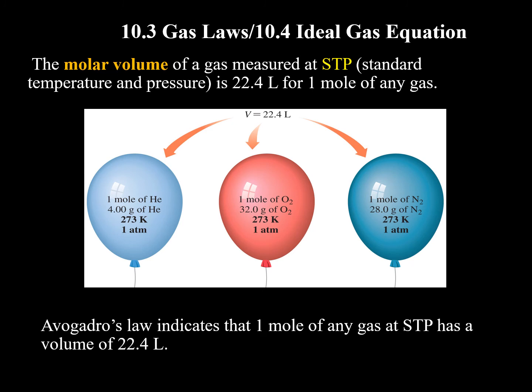So the molar volume of a gas at STP is always going to be 22.4 liters when you have 1 mole of it. It doesn't matter what kind of gas, whether it's helium, argon, nitrogen, or oxygen. If you're at conditions of STP and you have 1 mole of the gas, the volume will be 22.4 liters.